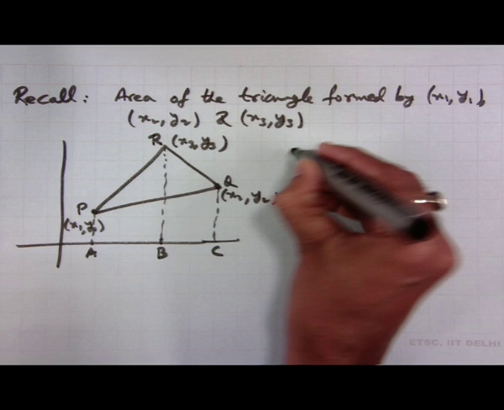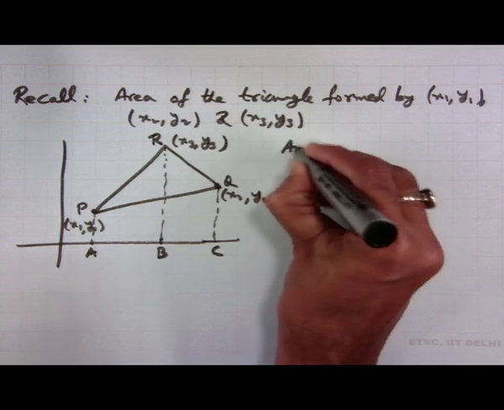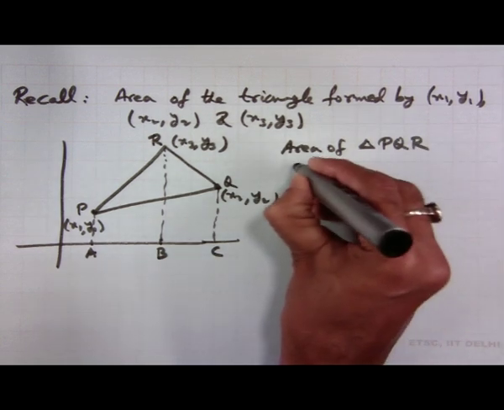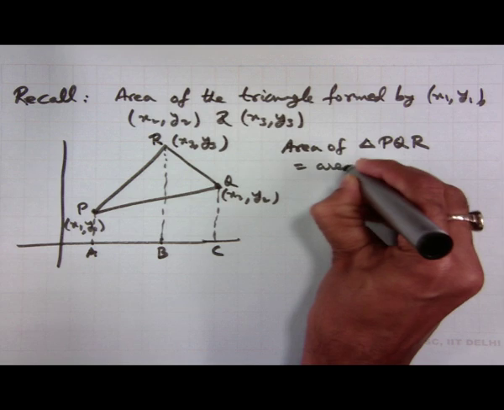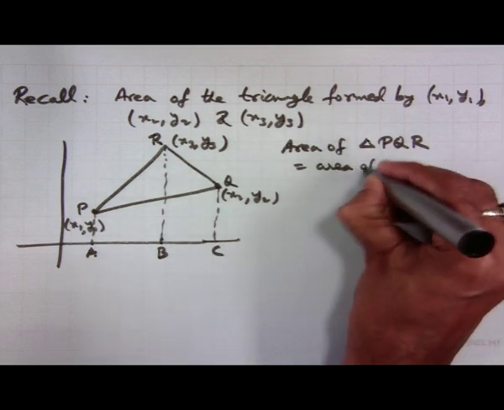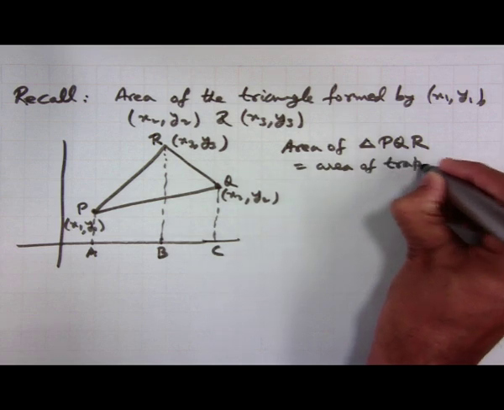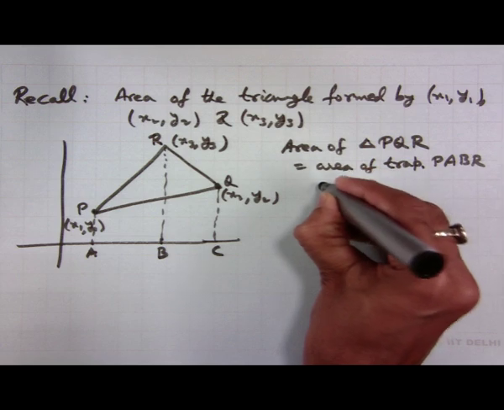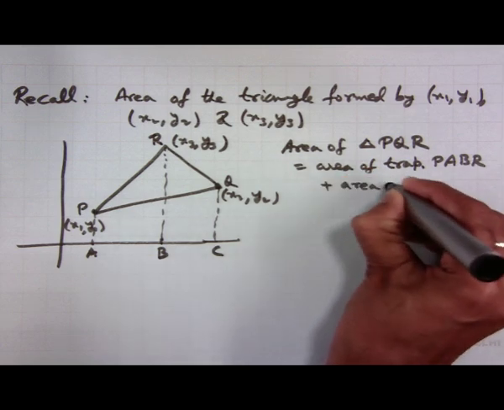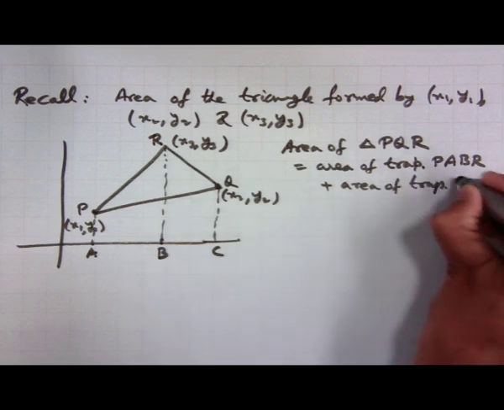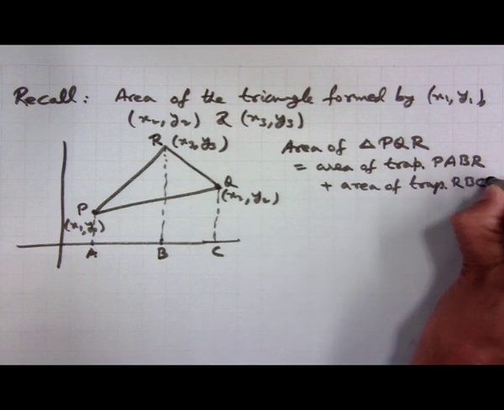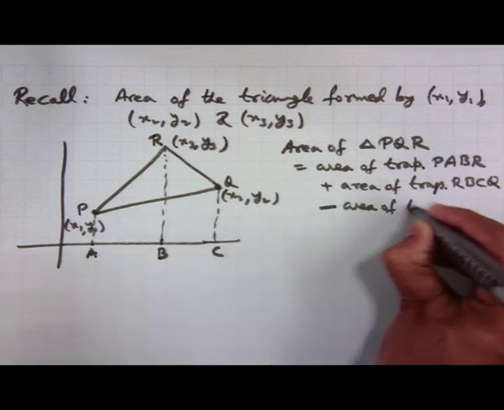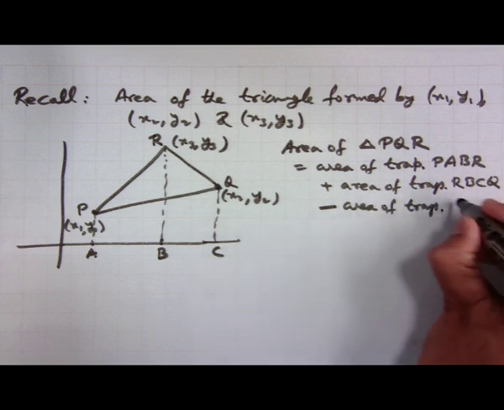Area of the triangle PQR can be calculated by area of trapezium PABR plus area of the trapezium RBCQ minus area of trapezium PACQ.